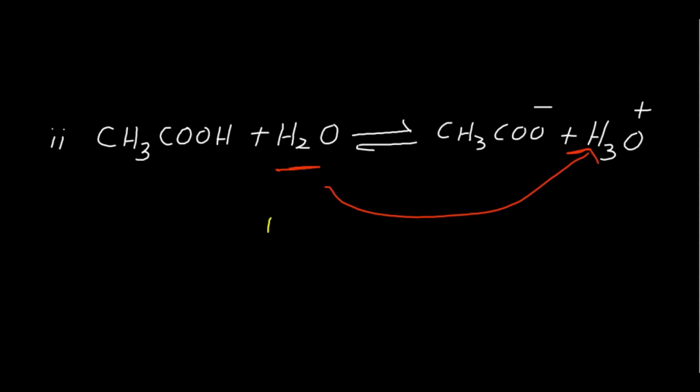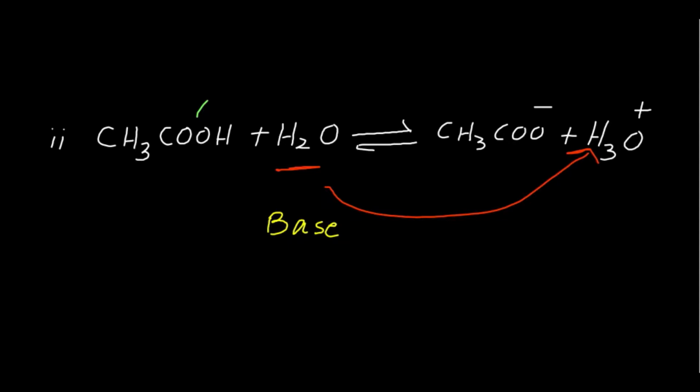Since H2O is proton acceptor, that's why it is Bronsted base. As we know, proton acceptors are Bronsted bases. After accepting one proton from acetic acid, H2O changes to H3O, which is known as hydronium ion.